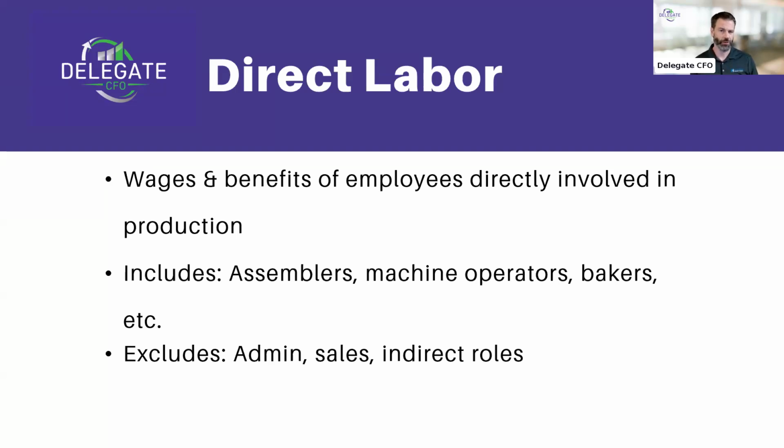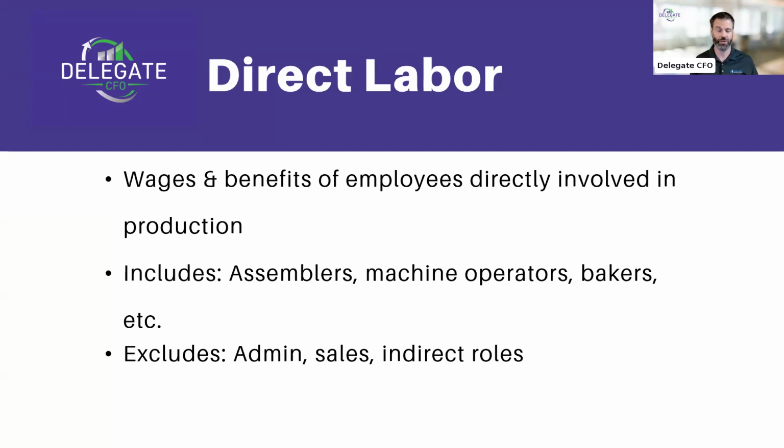Well, even though you're paying Joe $20, you still have to pay FICA, insurance, et cetera. Those are all the benefits. And what you'll hear in the CFO world is we tend to call that burden. So you need to have not only the wage, but the burden built in.